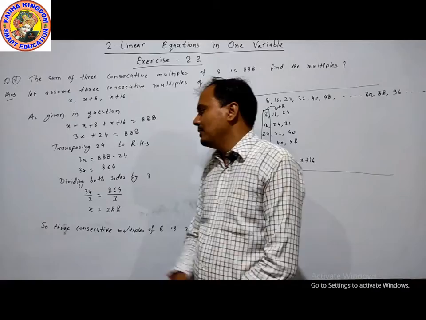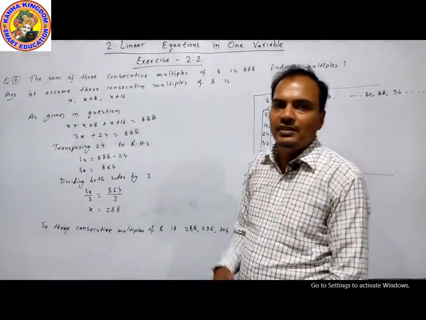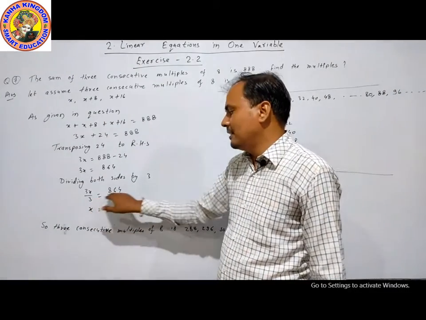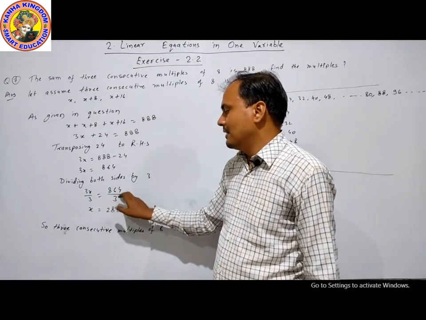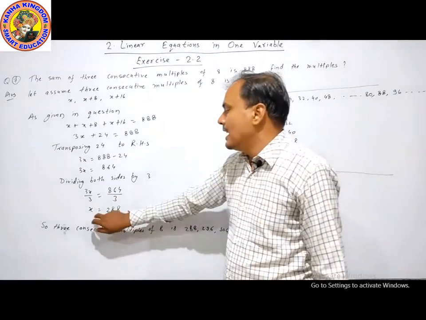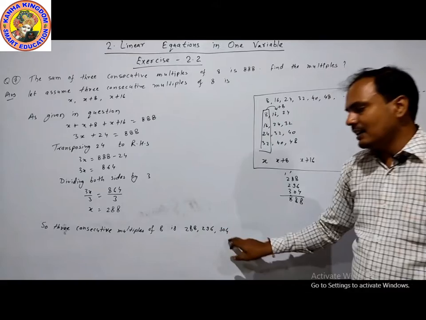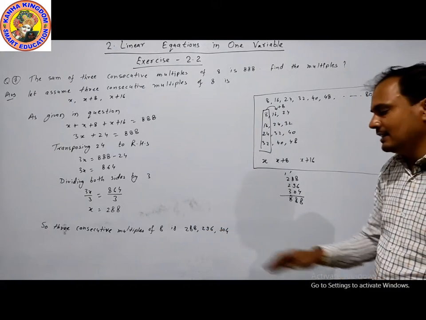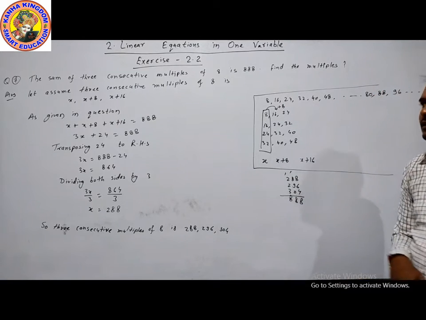We will find the value of x. Since x is multiplied by 3, we divide both sides by 3. The 3 and 3 cancel out, and the answer is x. 864 divided by 3 is 288. x is 288, then plus 8 and plus 16. We cross check by adding these numbers, and the answer is correct. This is our rough part.